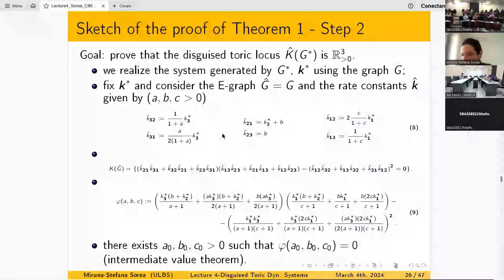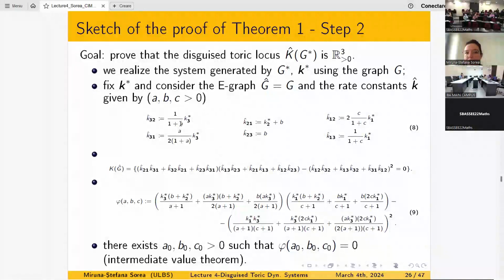I plan that during the tutorial we can look more precisely. We can maybe make these computations, if necessary. I don't know, it depends on whether it's interesting to see better. But we do another dynamical equivalence, in the sense that this G hat has new rate constants K hat in function of the K stars.